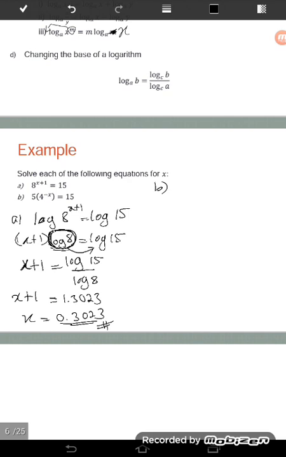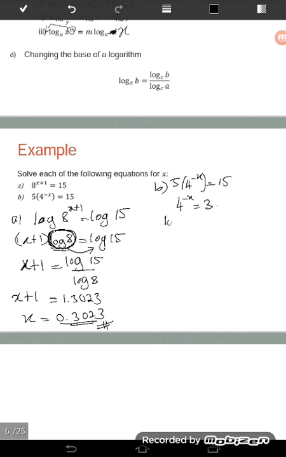Okay, so before you take log on both sides, you can bring this 5 to the right. So 5, 4 power of negative x which is equal to 15. Okay, so yang ni boleh bawa pergi ke kanan. Okay, so 4 power of negative x is equal to 15 divided by 5 which is 3.